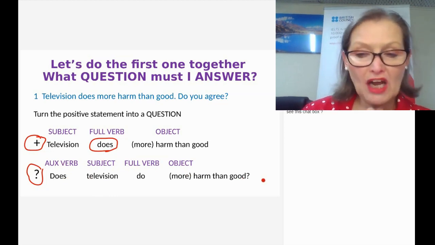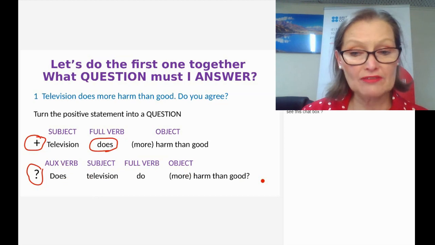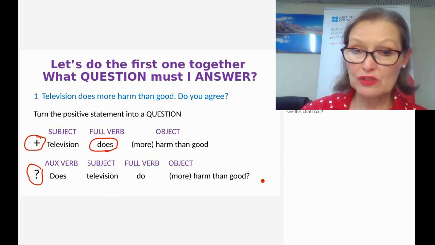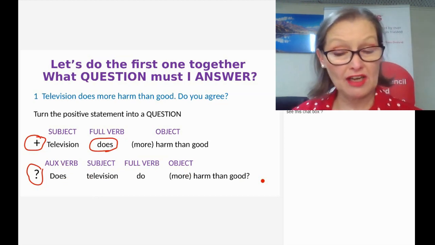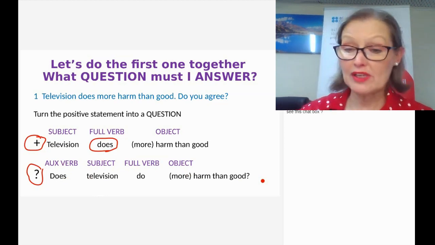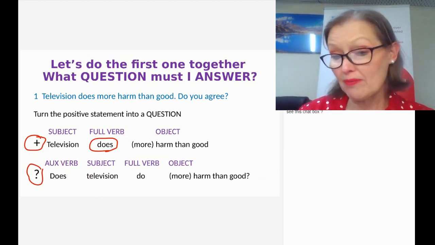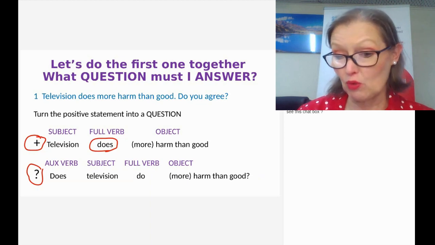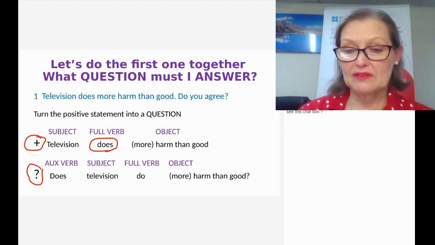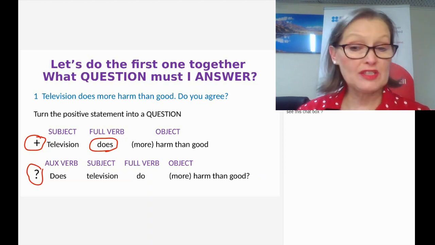And that makes it easy to answer, doesn't it? Because does television do more harm or good? Then I'm going to answer yes, it does, or no, it doesn't. Yes, it does more harm, or no, it does more good. So I want you to do the same for question number 2.